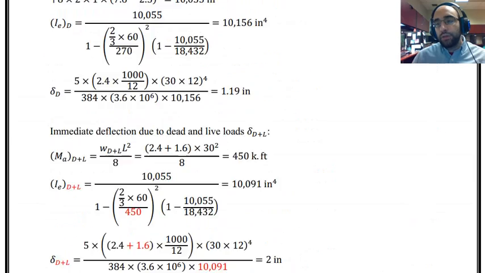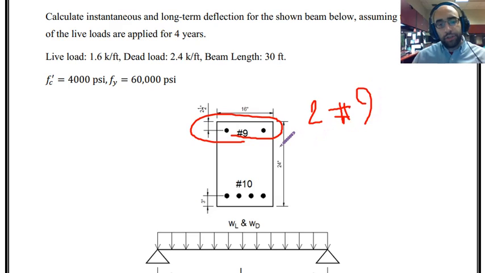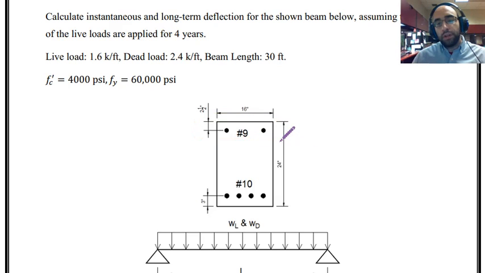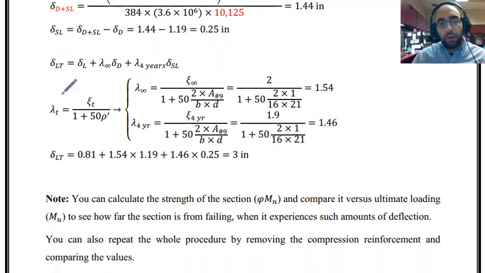If we go back and look at the cross section, you can see compression reinforcement are 2 number 9 bars, and area of each number 9 I believe is equal to 1 inch squared. So 2 multiplied by 1 divided by BD, which is 16 by 21. And then we can see lambda infinity is equal to 1.54. And that is a factor that I need to consider over here.